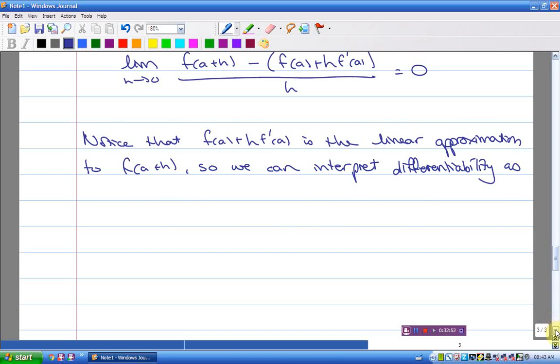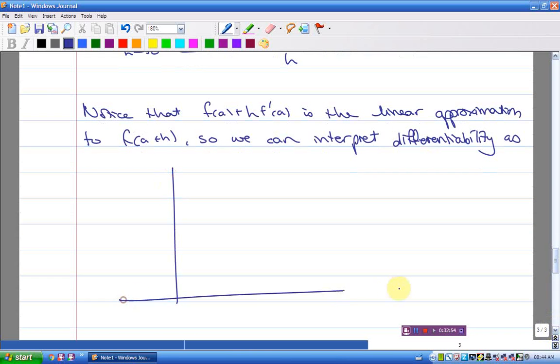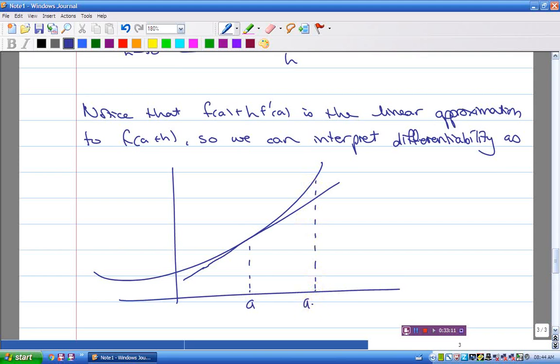Okay, so let's draw a picture. Here's some curve. Here's some points. There's A. I'm going to take some points at a distance. I'm going to call that A plus H. So this distance over here is H. So that distance over there is H. Okay.